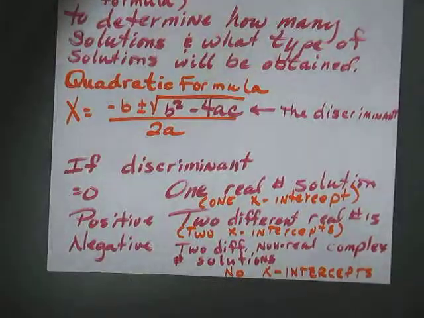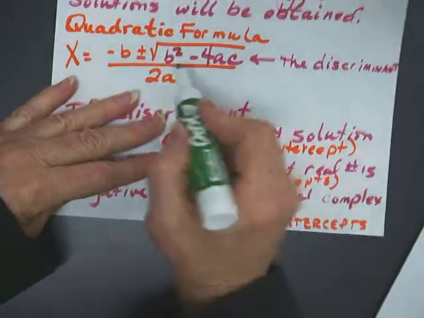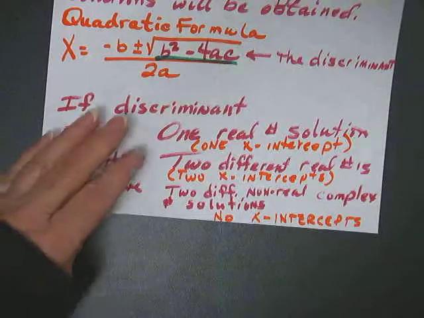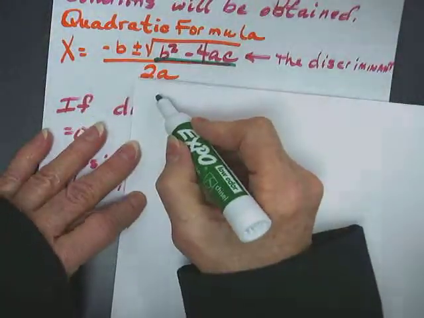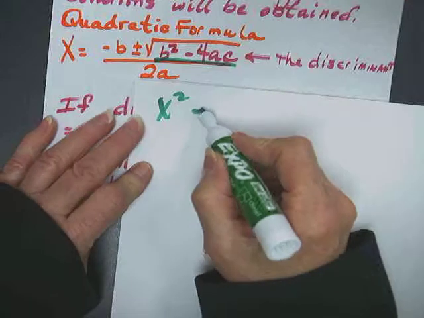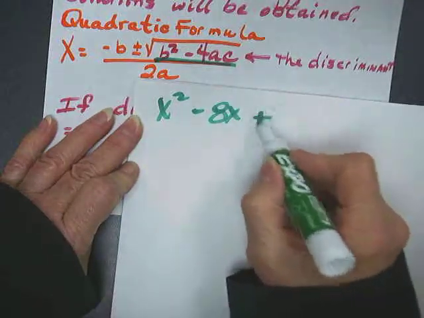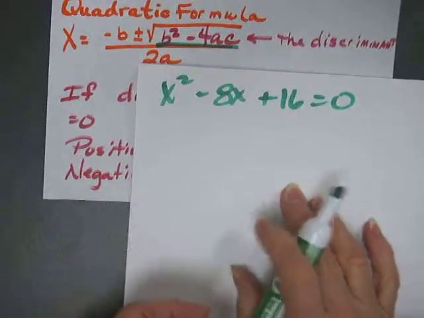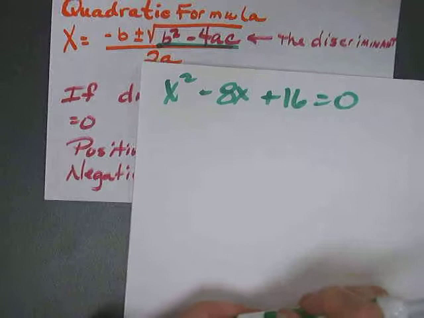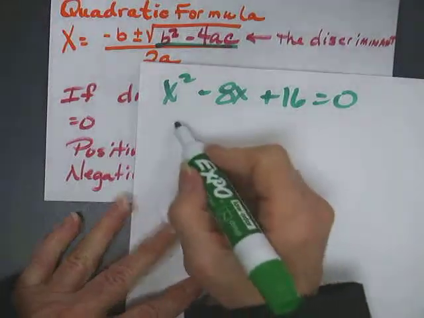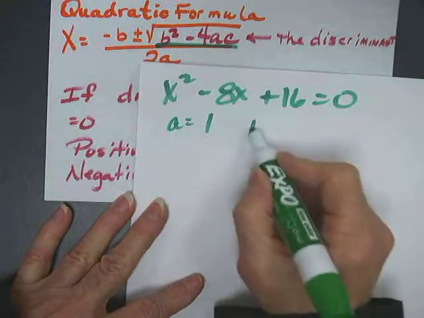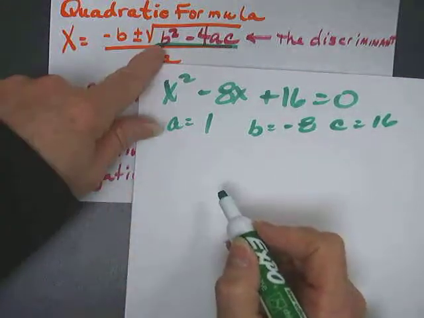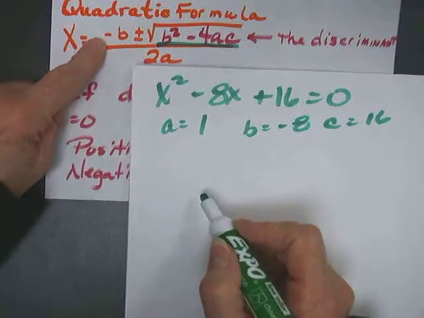Now let's do some discriminants and figure out how many answers there are. This is what we're using right there. If we have the problem x squared minus 8x plus 16 equals 0, how many and what kind of solutions will you get? What is your a? 1. Where's your b? And c? 16.